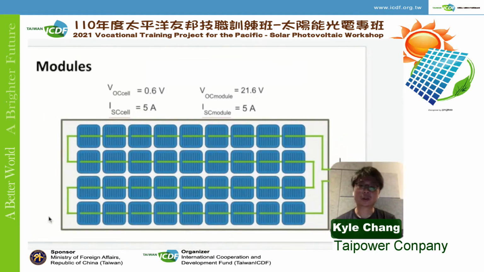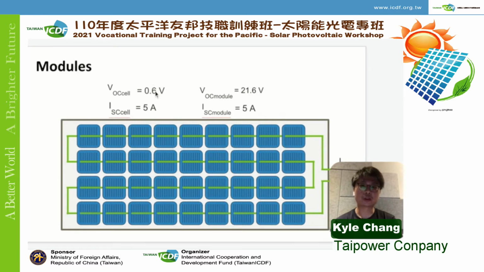And now we are going to take a look at a module level. Here we can see the module in which all the cells are connected in series. With the data of a cell, we can now easily calculate the voltage of the entire module. This equals the voltage of each cell.